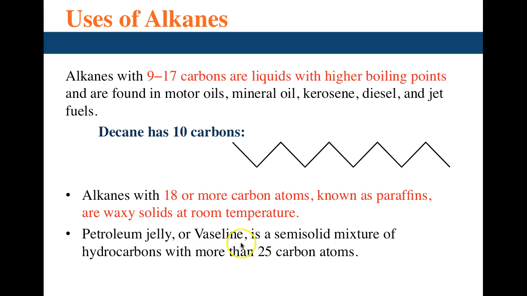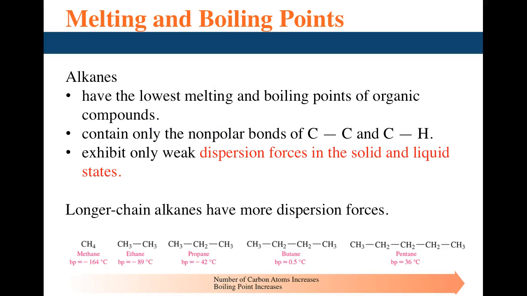So Vaseline, wax, those are basically hydrocarbons with a lot of carbon present, a very long carbon chain. So the melting and boiling points of the small ones are very low, which is why they're volatile. They are able to be evaporated easily and so on.